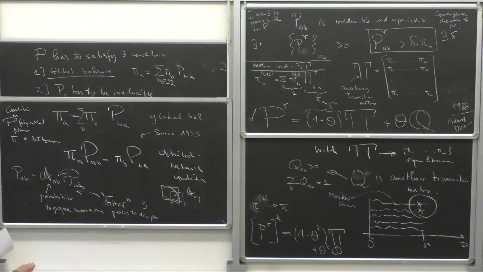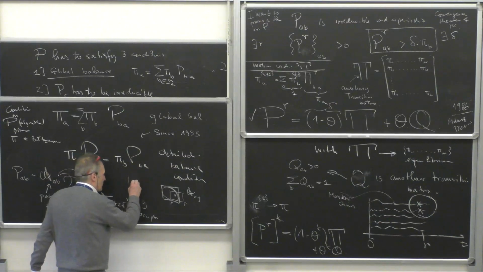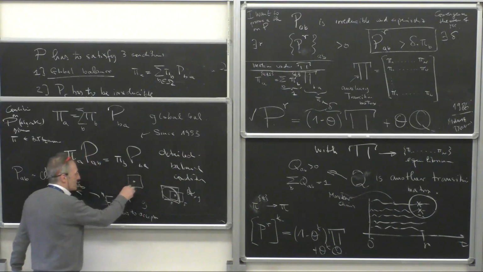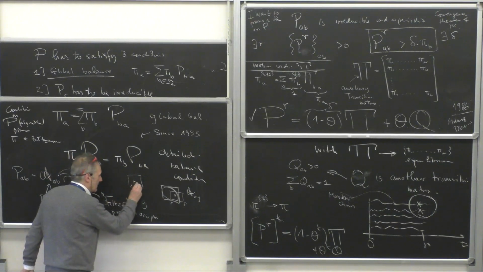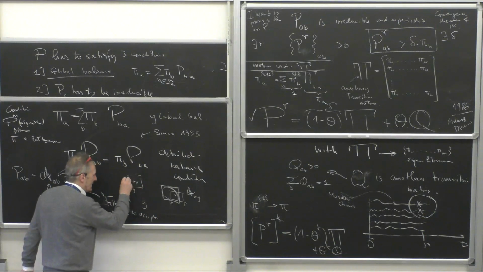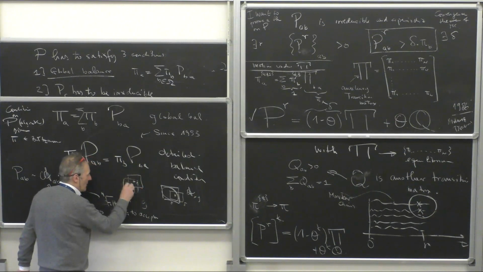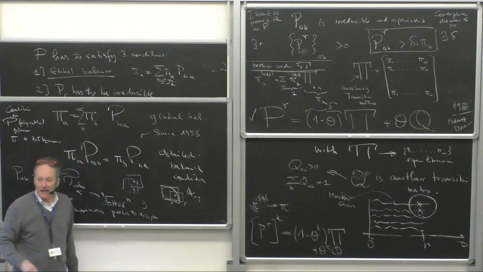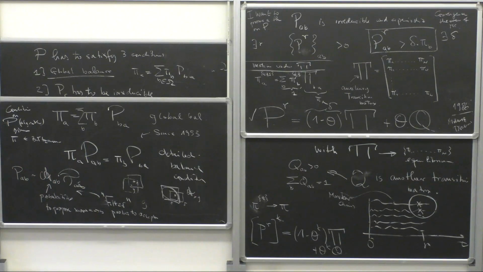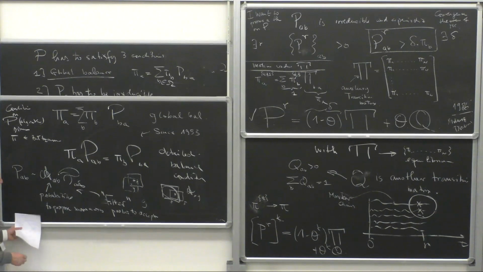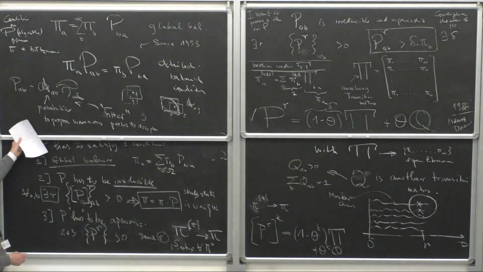So the choice of, we were at position X, we proposed to go to Y, and when we were at Y, this was the probability to go to X. So the a priori probability A from A to B was a symmetric matrix.